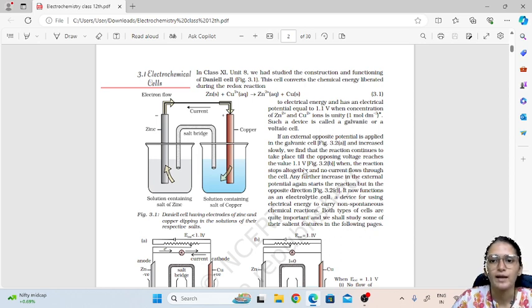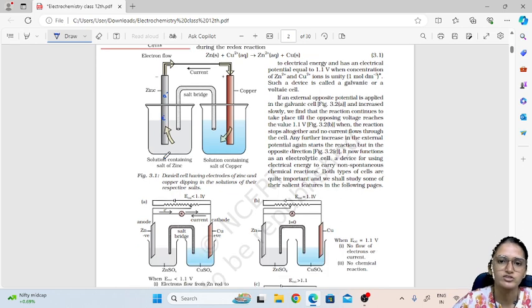So if you set up everything and start the reaction, zinc being the anode, having the tendency to lose electrons when it is combined with copper, the electrons from the zinc will move from this electrode to the other electrode. I will show you what reaction takes place here.